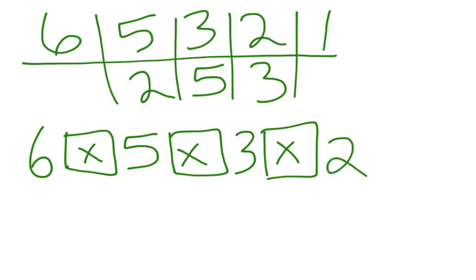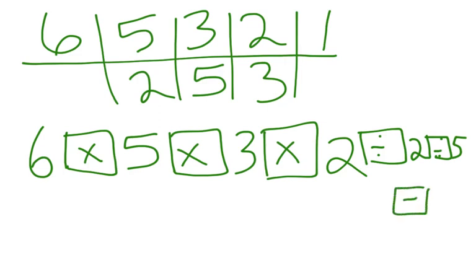We're not going to do anything with the 1. We're always ignoring the 1s, whether they're on the top or on the bottom, because anything times 1 is the same number, and anything divided by 1 is the same thing. Then we're going to put a divided by sign, and then a 2, and then a divided by sign, and a 5, and another divided by sign, and then finally a 3.